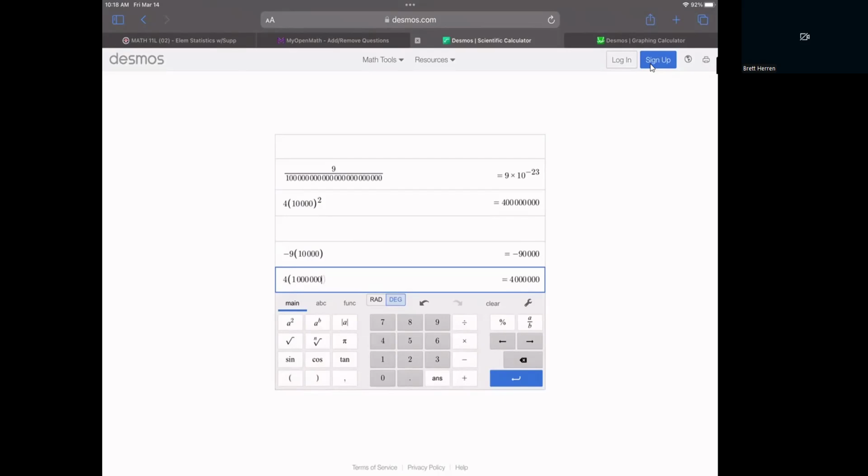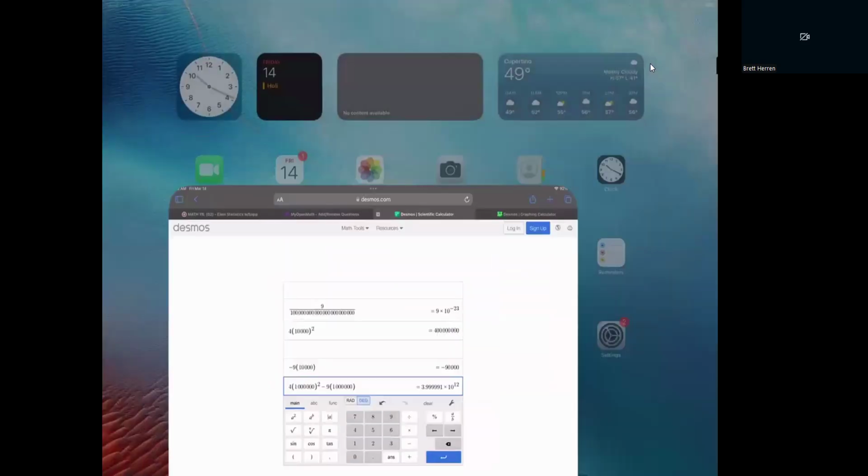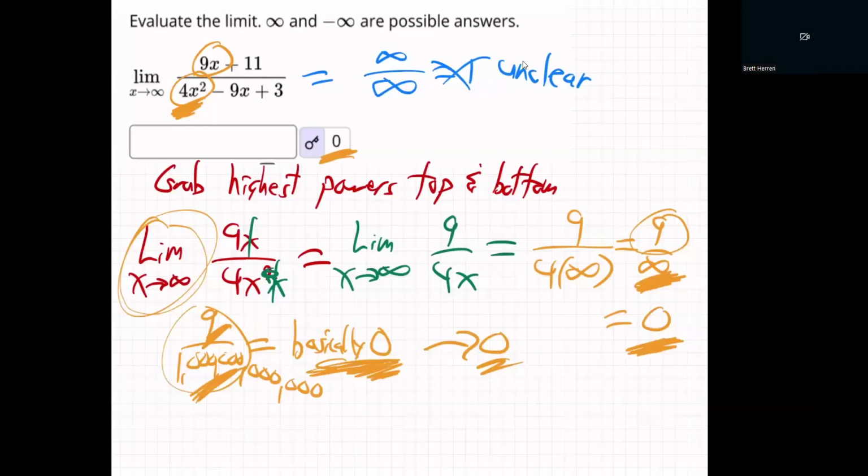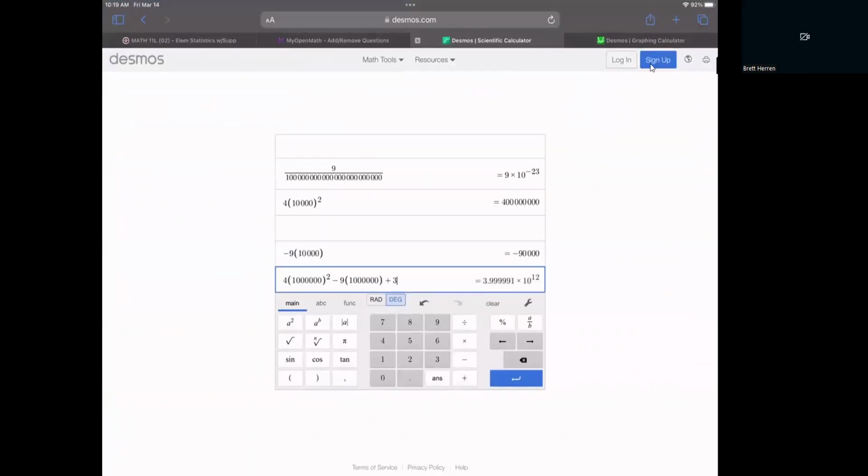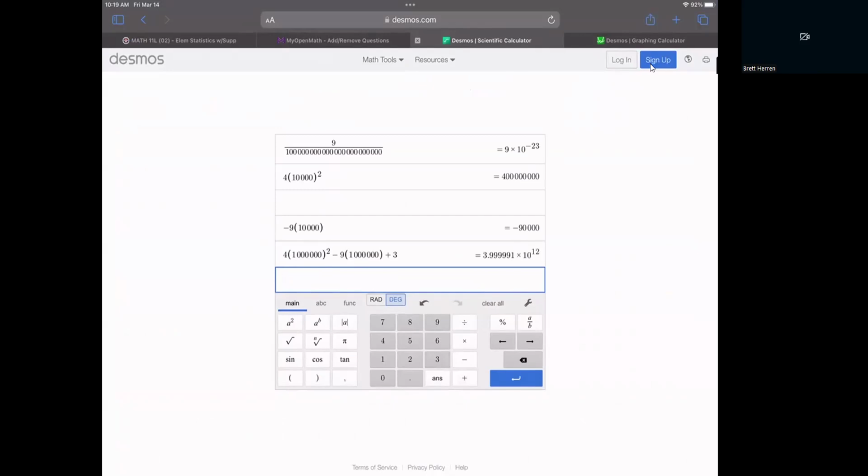Okay, we'll put in a million, squared, minus 9 times x, which will be the same thing, a million. And then minus, what was it? It was 4x squared minus 9x plus 3. Boom.